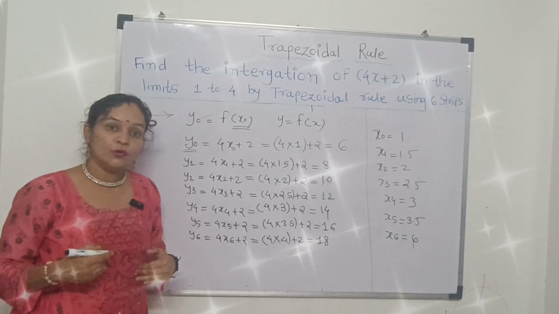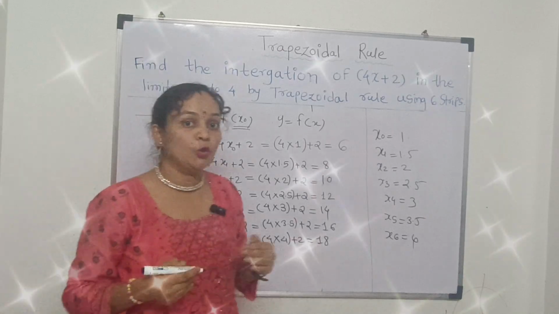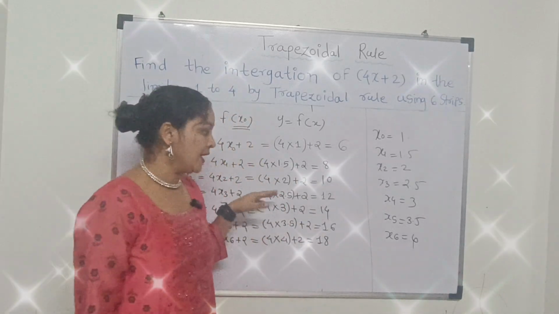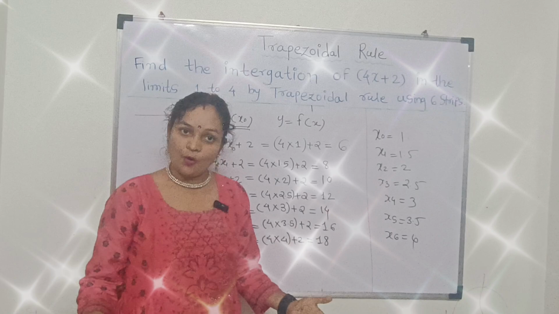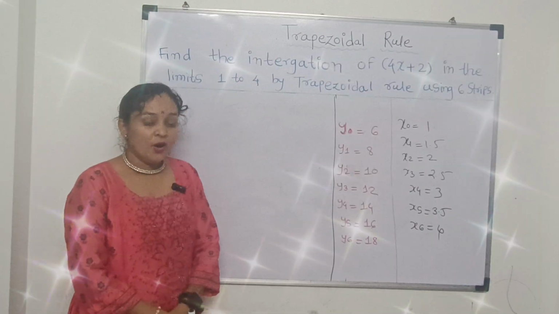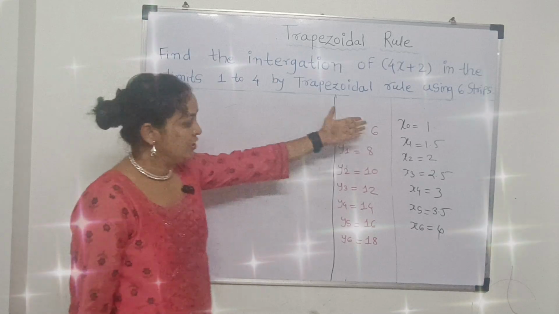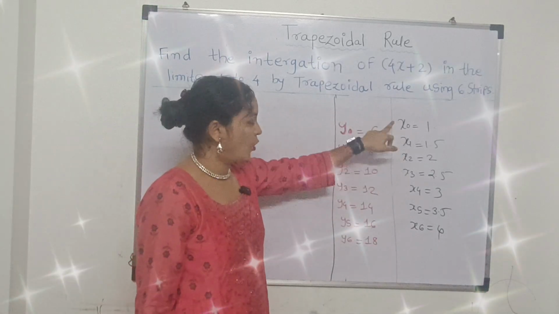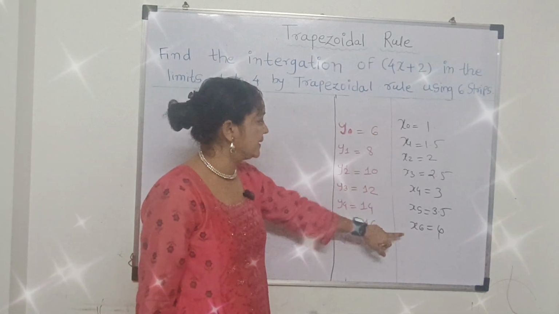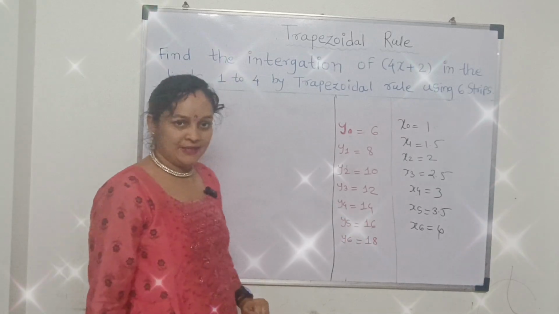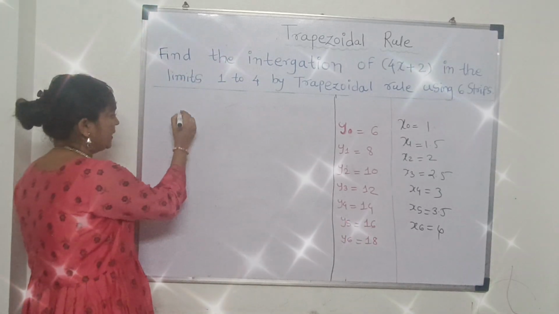But now you have to calculate the total area, because these are all in segmental form. So calculate the whole area of the segments, using all the values of x0 up to x6 and y0 up to y6.